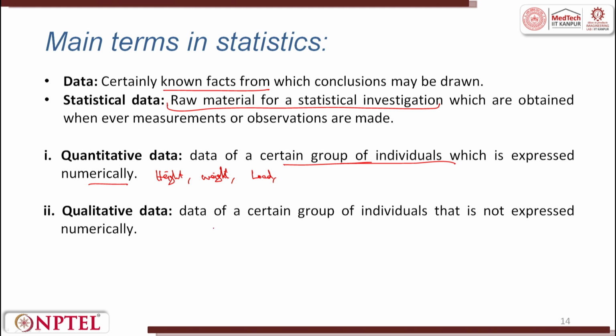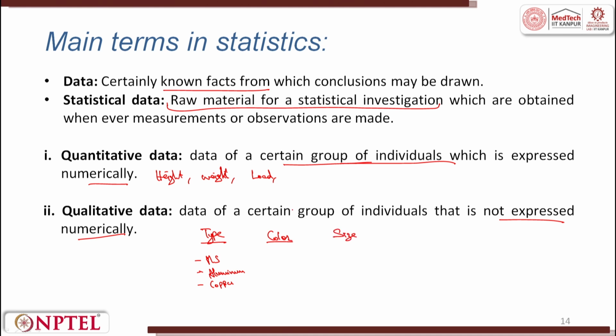Qualitative data: data of a certain group of individuals that is not expressed numerically, that is known as categorical data. For example, if I am talking about the material type, it could be mild steel, aluminium, copper. So, material type is my qualitative data, or it could be color, or it could be the size.